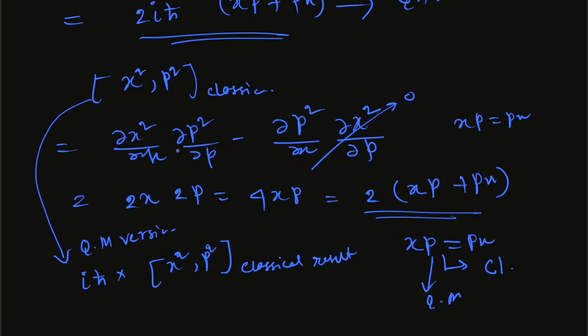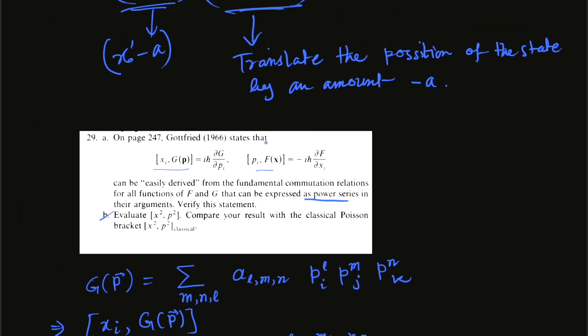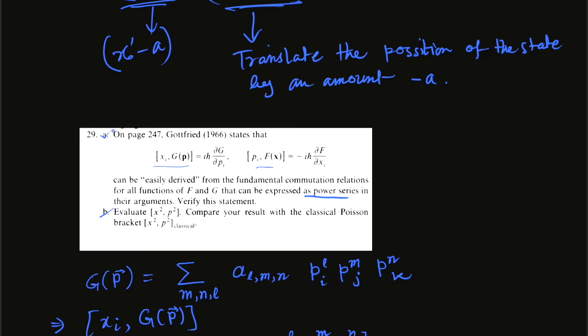So now we have solved question number 29, both A part and B part. Now we will solve question number 30. In question 30, it is asked: the translation operator for a finite displacement is given by tau(L) equal to exponential of minus i p dot L by ħ, where p is the momentum vector.